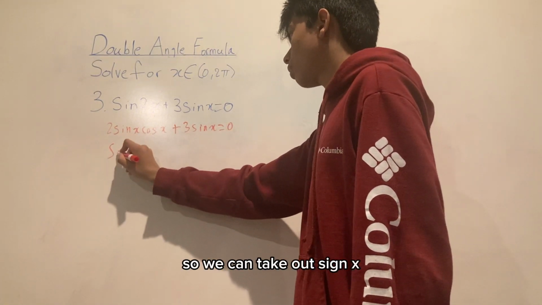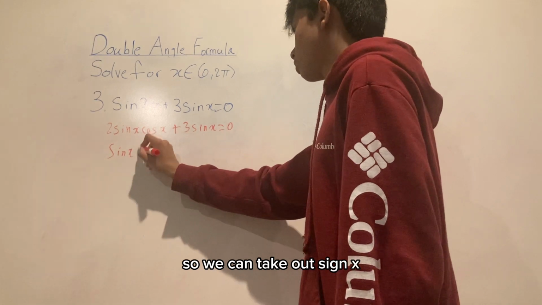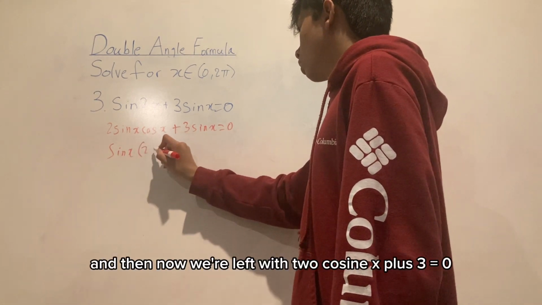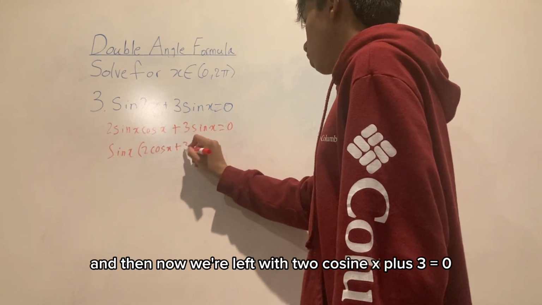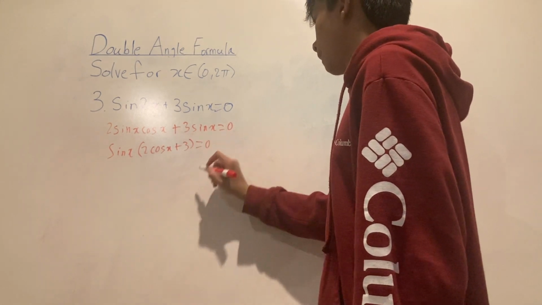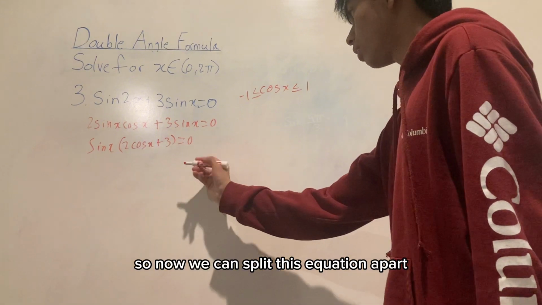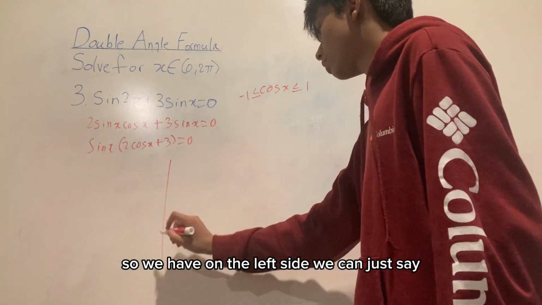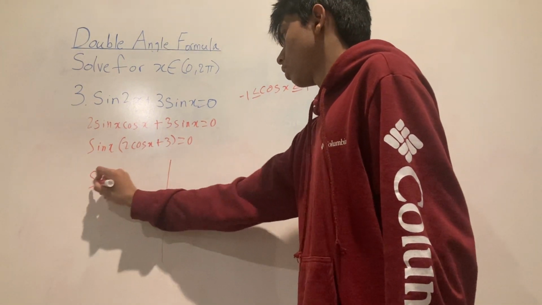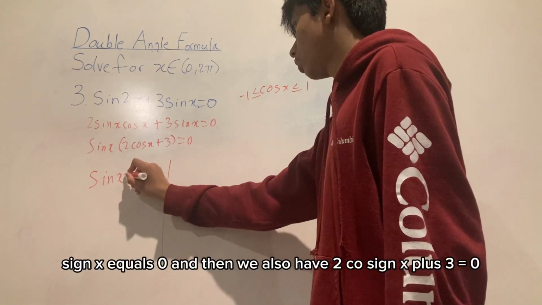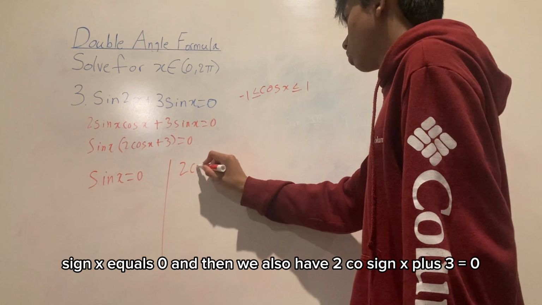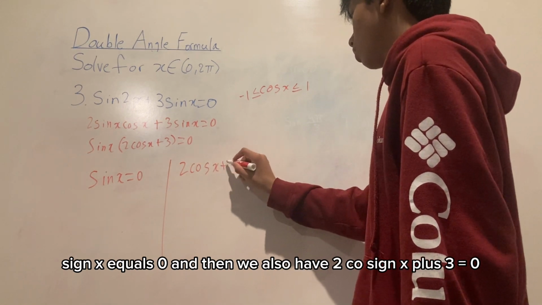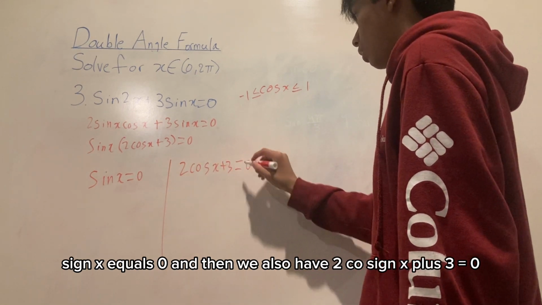So we can take out sine x, and then we're left with 2 cosine x plus 3 equals 0. Now we can split this equation apart. On the left side, sine x equals 0, and then we also have 2 cosine x plus 3 equals 0.